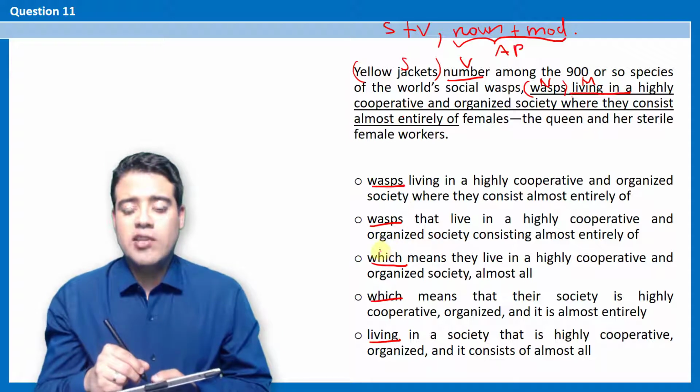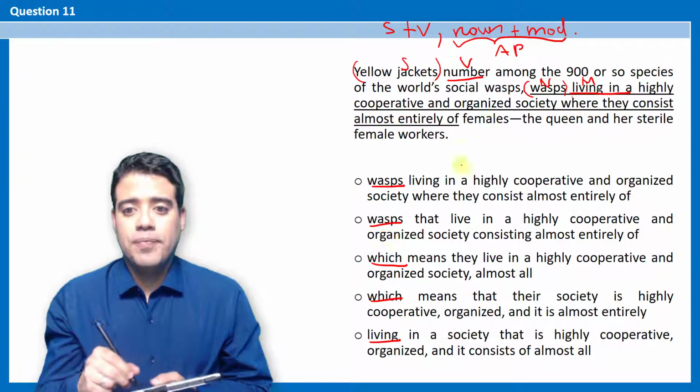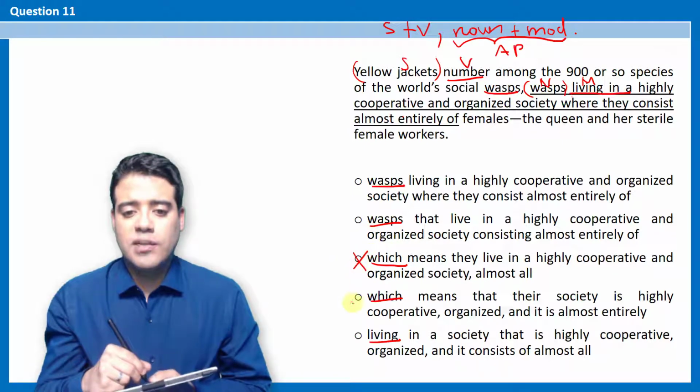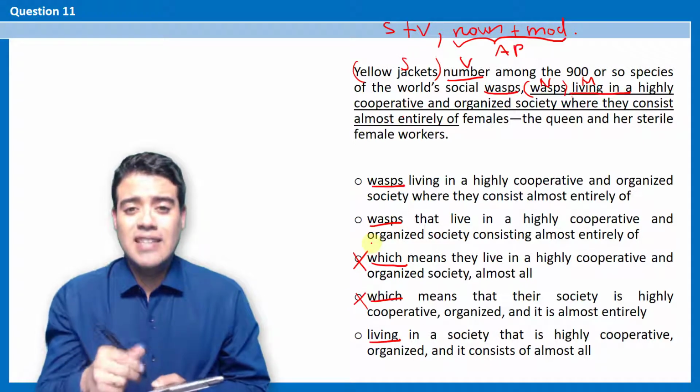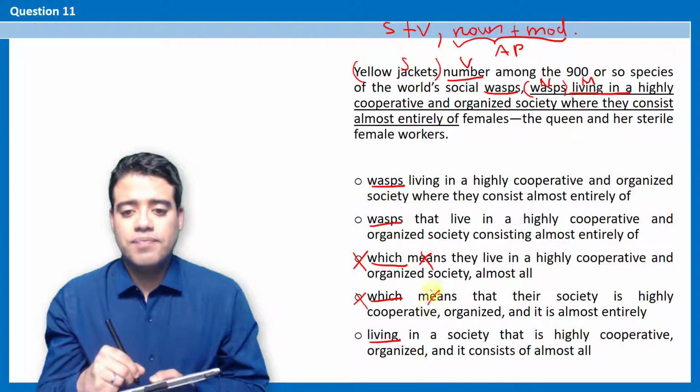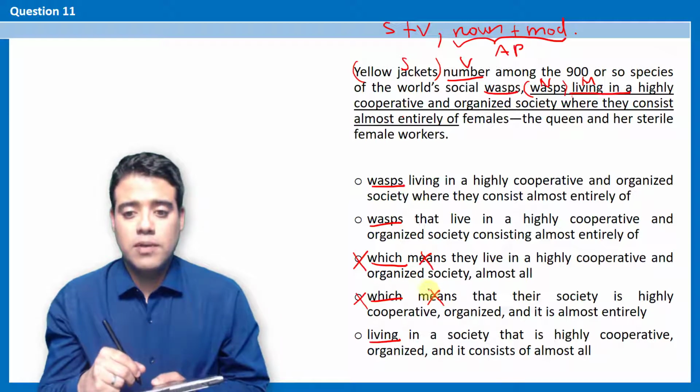Wasps, which means living. We learned that which needs to describe the noun before the comma. In this case, my noun before the comma is social wasps. I cannot use which because wasps, which means, doesn't make sense, and well, it also doesn't agree in number. Wasps is plural, means is singular, so that's awful.